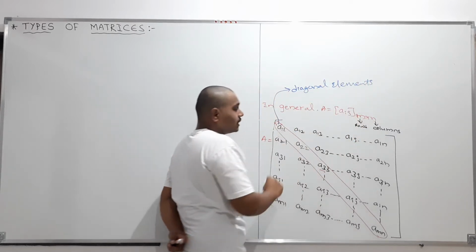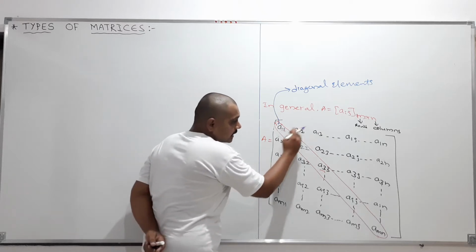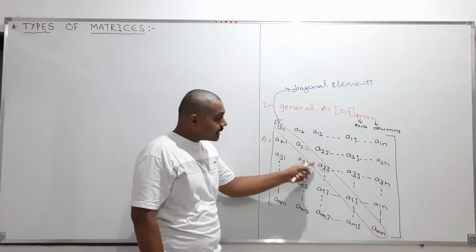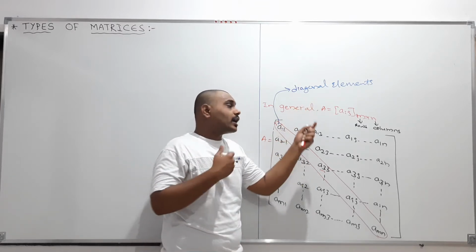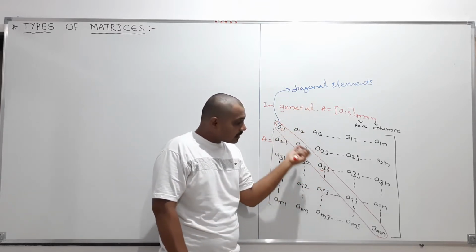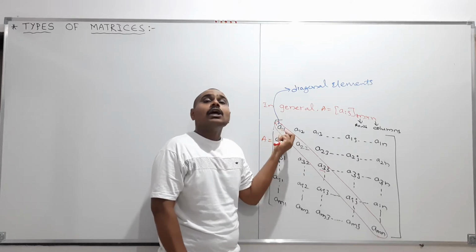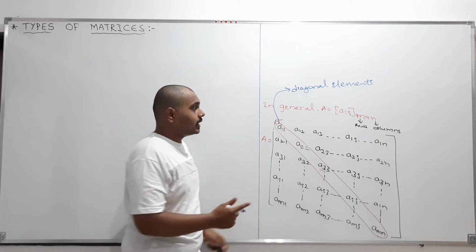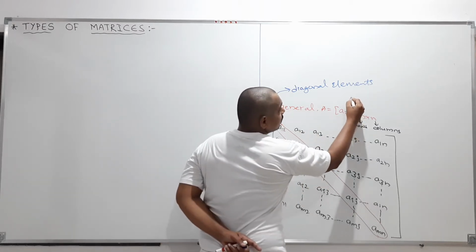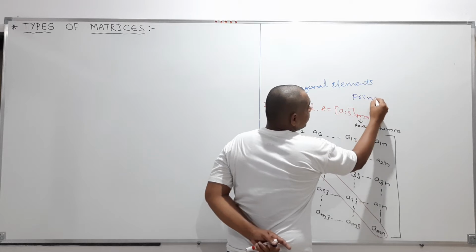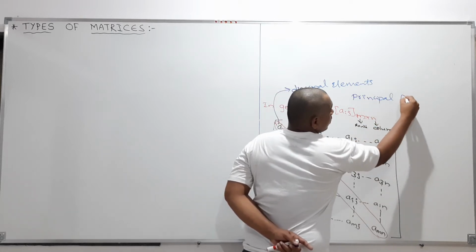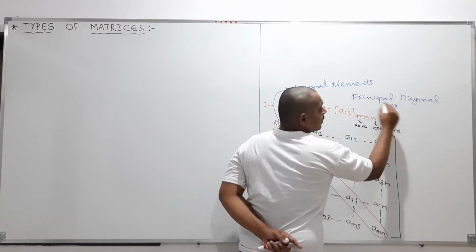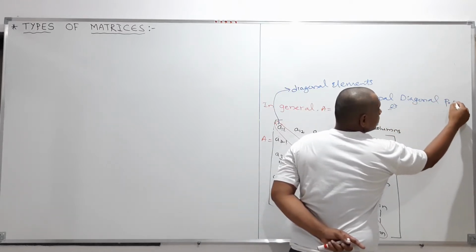Clear? Next, the line on which the diagonal elements lie we can call the principal diagonal, which in short I am writing as PD.